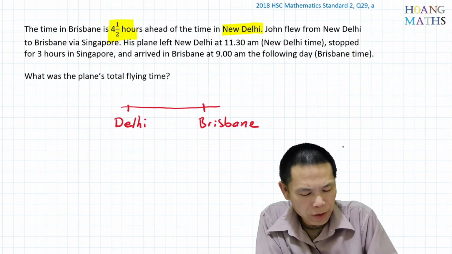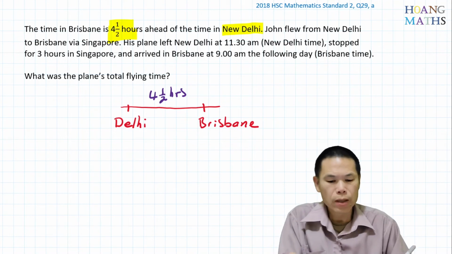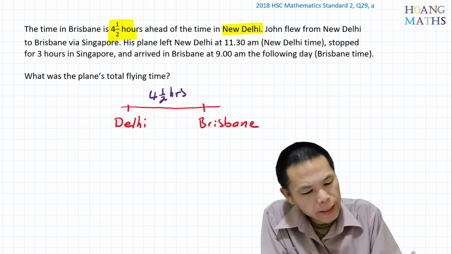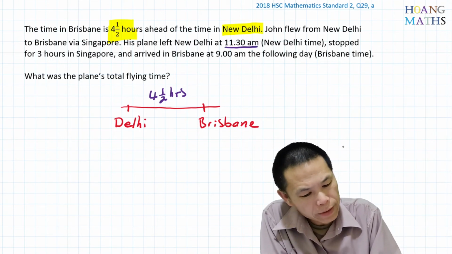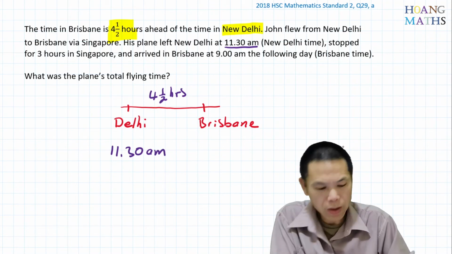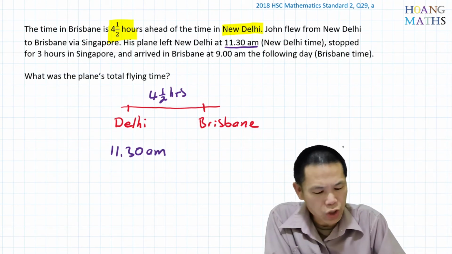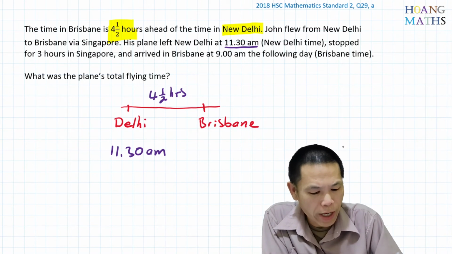So the time difference is 4.5 hours. And we know that the plane left Delhi at 11:30 a.m. So let me just write this down. 11:30 a.m.